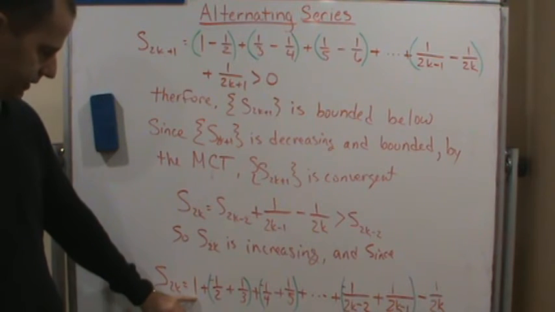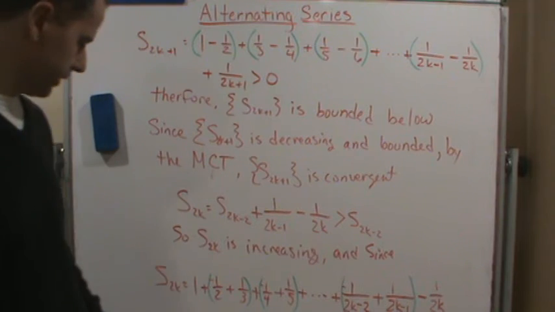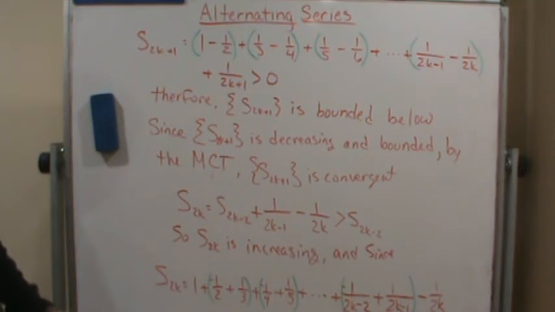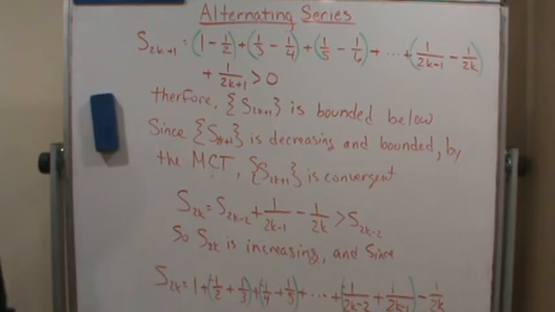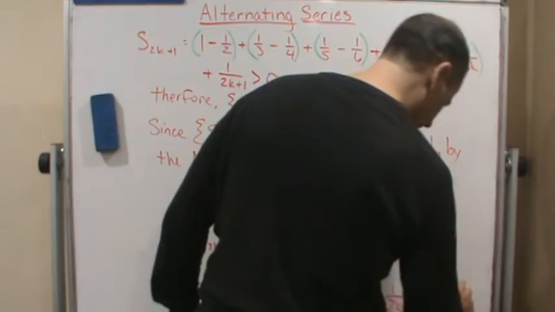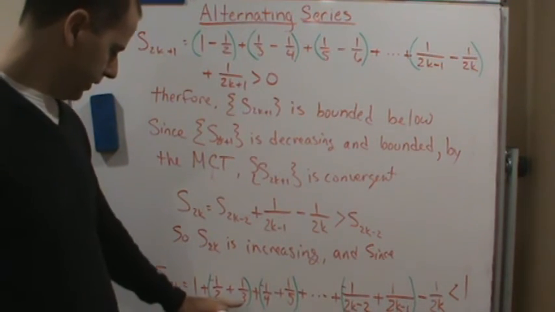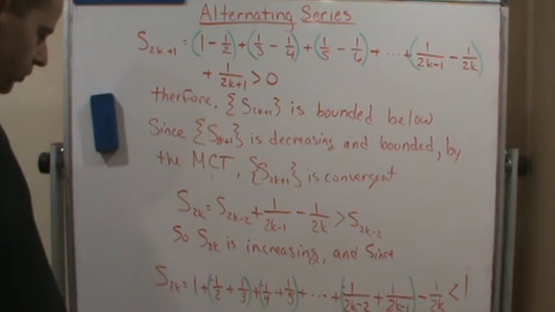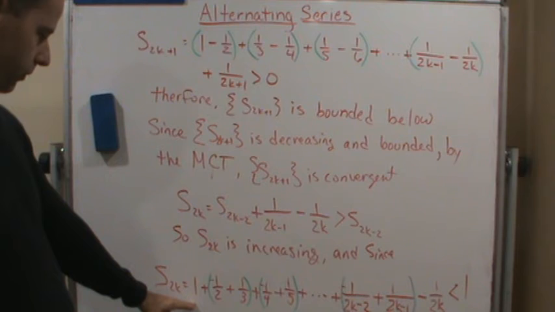So what I can say is this is increasing, but I definitely have something that's less than 1. So this whole thing is less than 1 because I'm adding on something that's negative. So I'm actually subtracting. So this is positive, right?